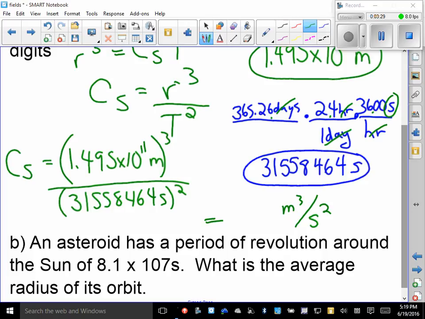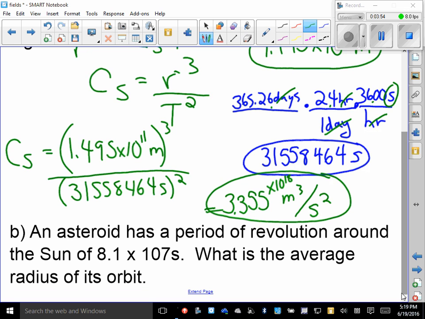That's seconds, that last one. And I square that number. Okay, 3.355, so 4 significant digits, times 10 to the 18. So this is the constant that I'm going to use.